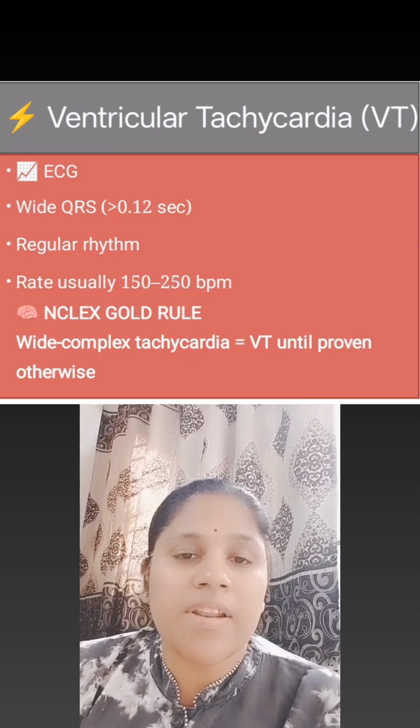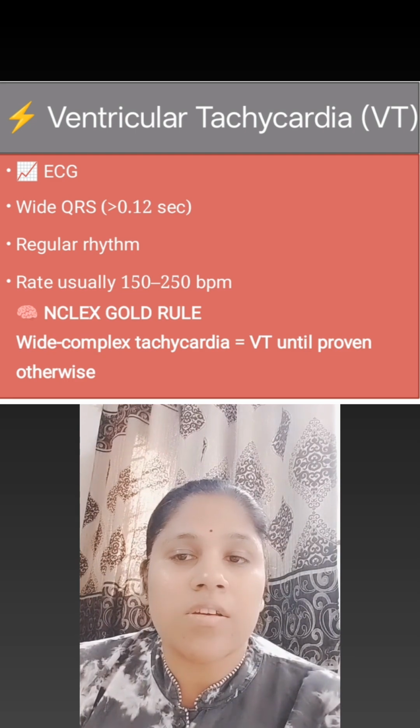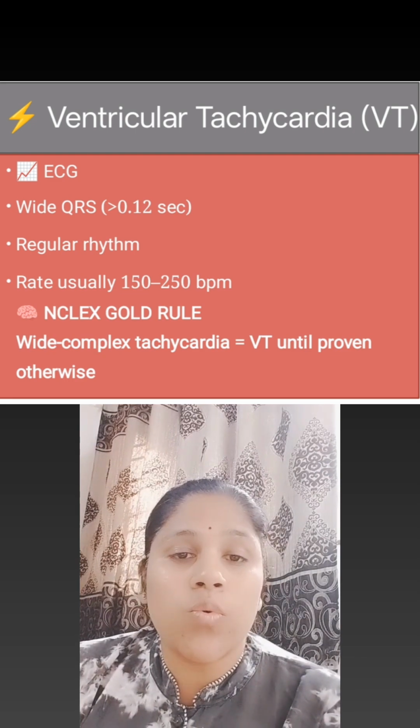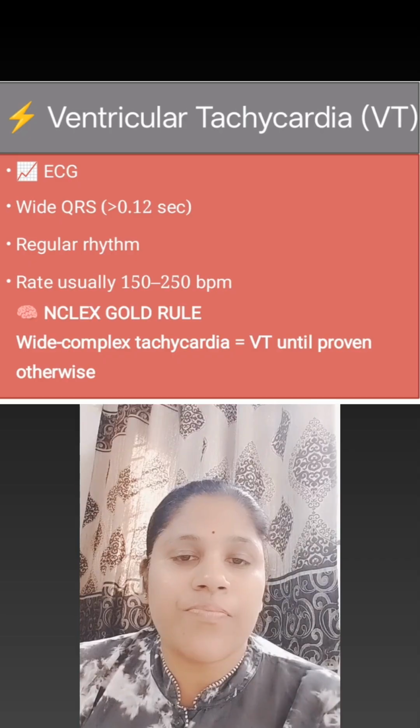The rhythm might be regular in ventricular tachycardia, and the rate usually falls between 150 to 250 beats per minute. So the golden rule to find ventricular tachycardia is a wide complex tachycardia where the QRS complex is above 0.12 seconds. This is the gold standard until proven otherwise.